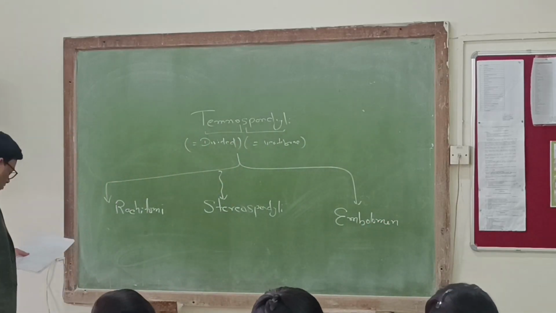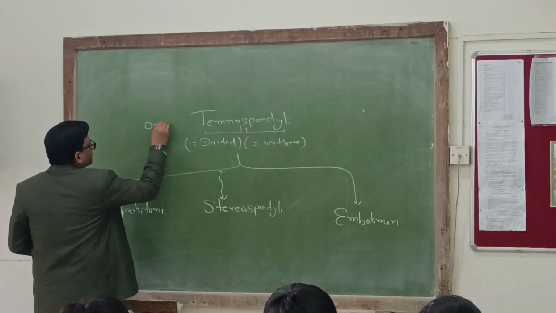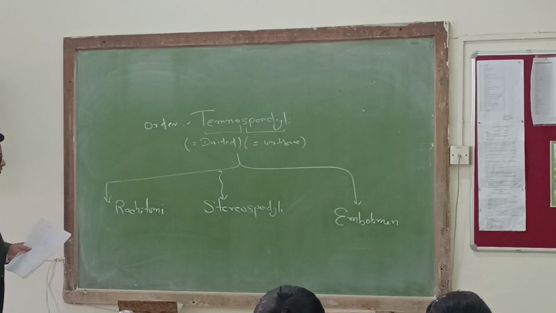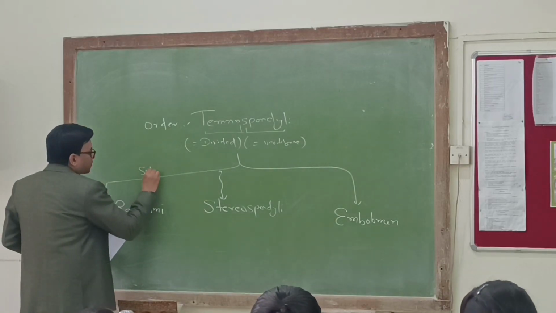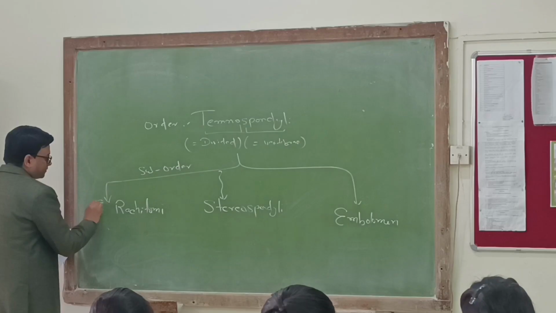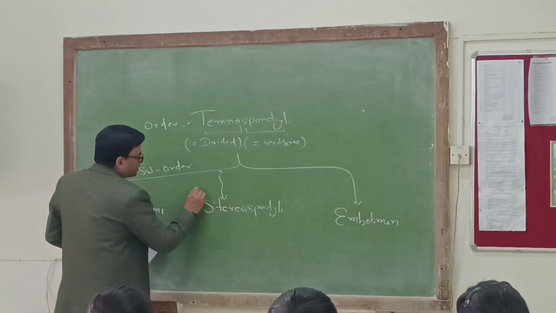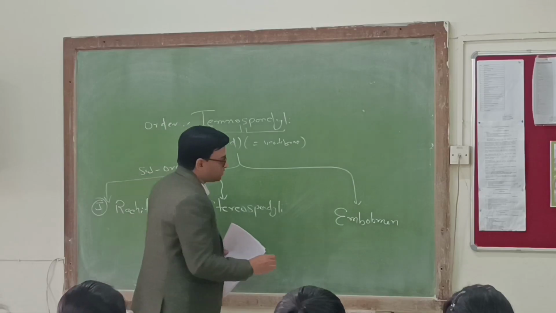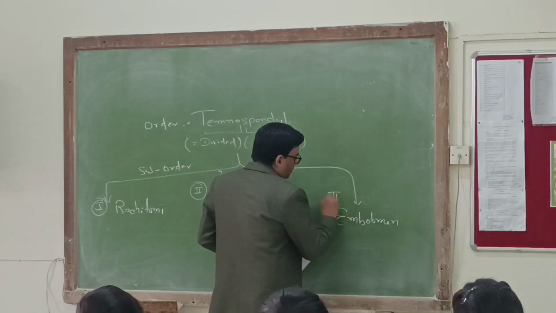This order Temnospondyli is divided into three suborders: the suborder Rhachitomi, the suborder Stereospondyli, and the suborder Embolomeri.